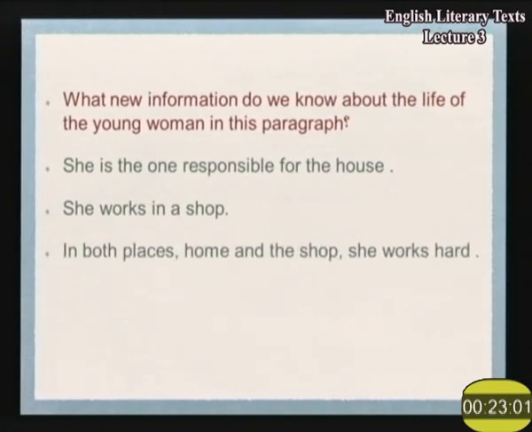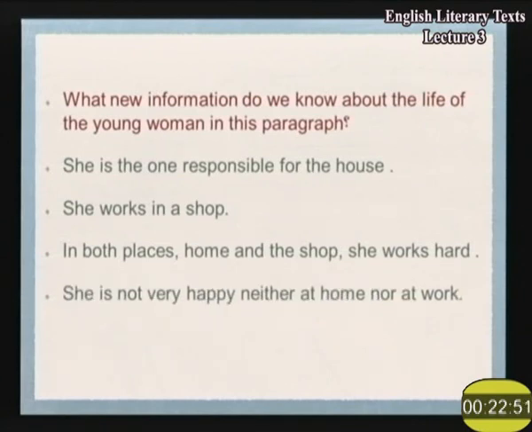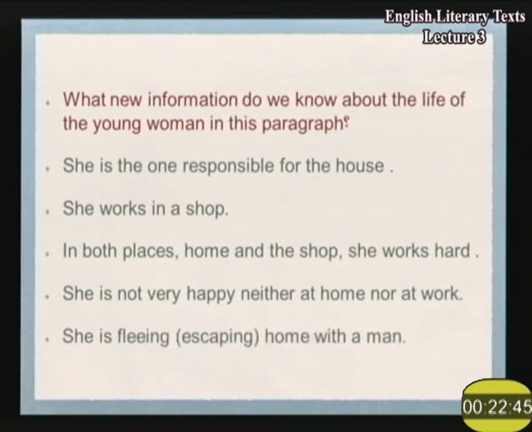In both places, home and the shop, she works hard. And she is not very happy, neither at home nor at work. And finally, she is fleeing. To flee is to escape. Home with a man. The word that is used here is a fellow.